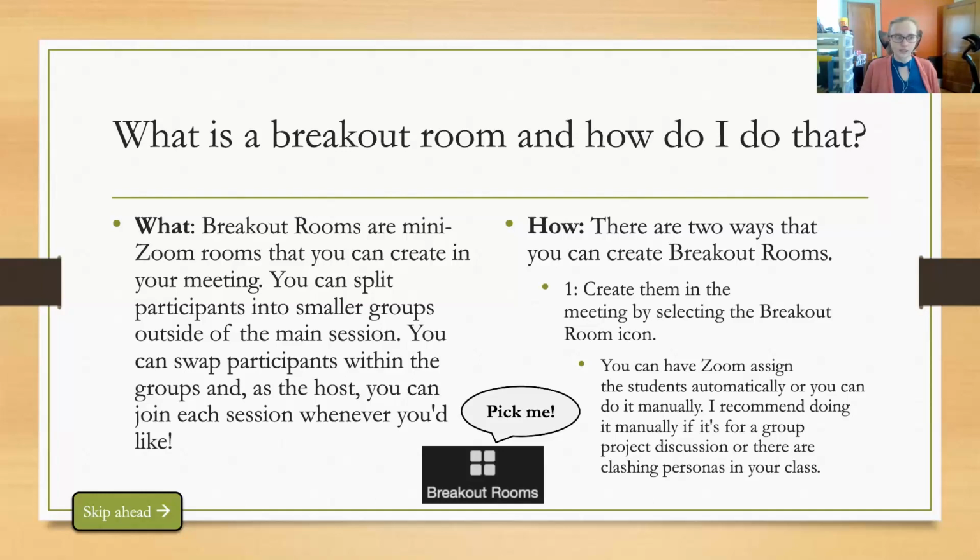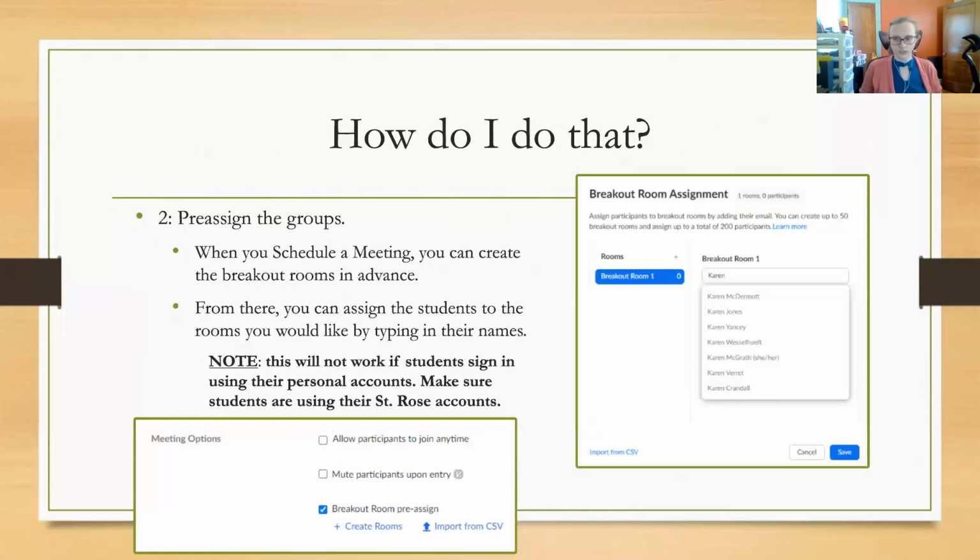There are two separate ways that you can create breakout rooms. You can do it while you're in the Zoom session itself by selecting the breakout room icon. The other way is to pre-assign the groups in advance.